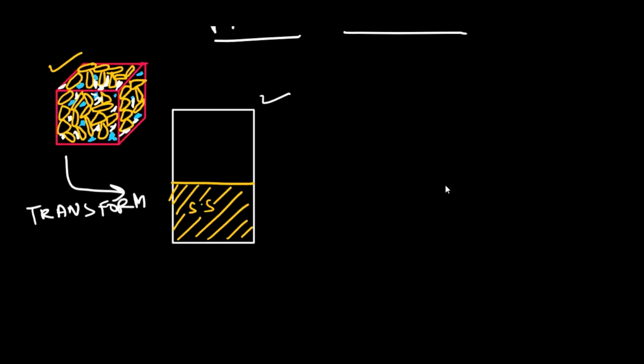Now I am left with water and air. Let's suppose that I am representing this area with water. I've extracted out all the water, and I am presenting that extracted water in this area, the blue hashed area.